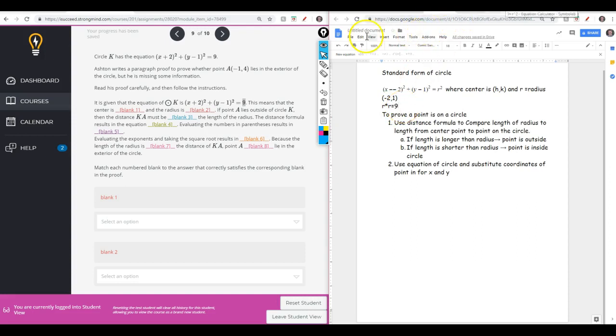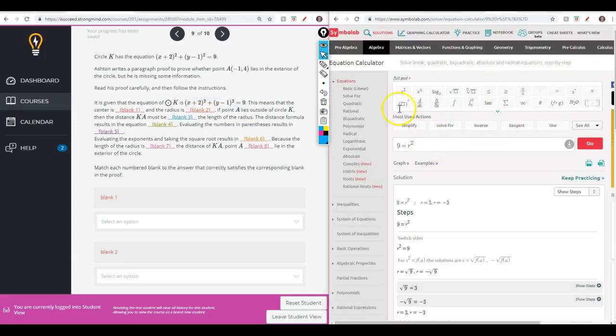If this number isn't 9, you can always jump to your Symbolab equation calculator and type in 9 equals r squared, and it shows you the steps. This is where you would have to decipher it though, because it gives you 2 answers which are correct. We have to apply which one is correct in this context.